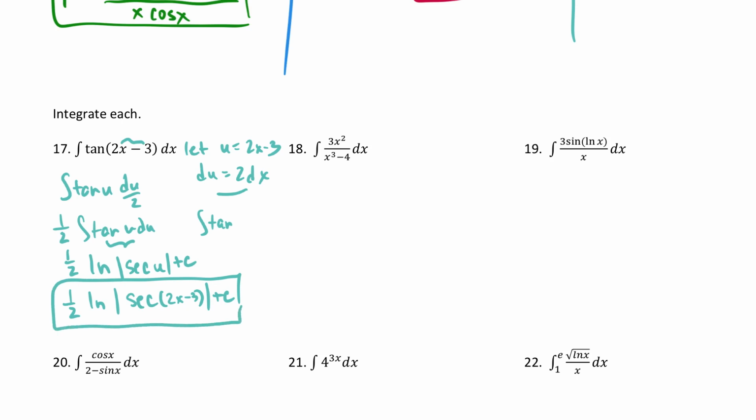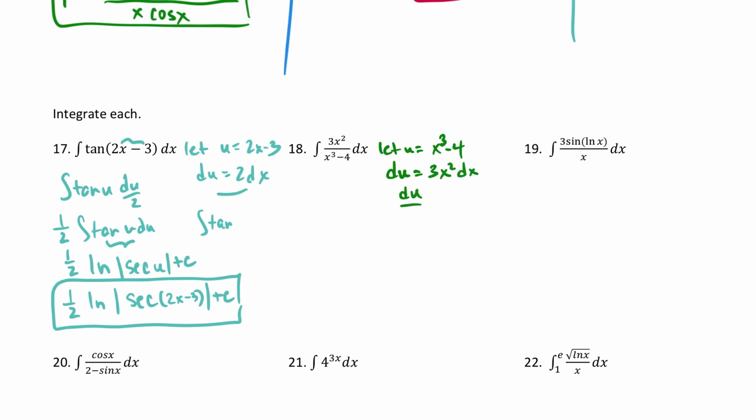Over here, we have the integral of 3x squared over x cubed minus 4. So let's do this through, again, some of you may recognize it just through guess and check, and you know you have to guess the ln of x cubed minus 4, and then just kind of play around with it from there. If you haven't seen that, let's go ahead and let u, we'll do substitution, equal the x cubed minus 4. So du equals 3x squared dx.